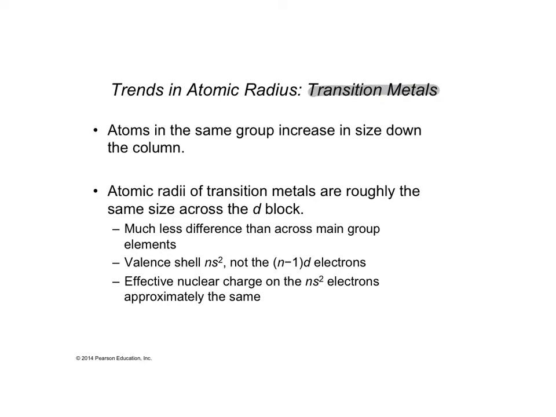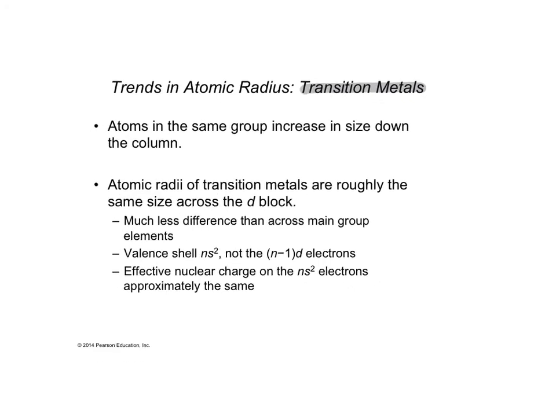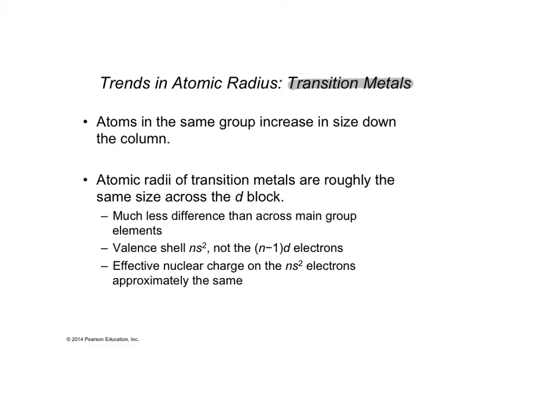What we find with respect to the transition metals, so let me go ahead and write an electron configuration for a transition metal. Let's say we're going to write the electron configuration for iron. Okay, so iron is argon, I'm just going to abbreviate this with the noble gas, and then we have 4s2 3d6.